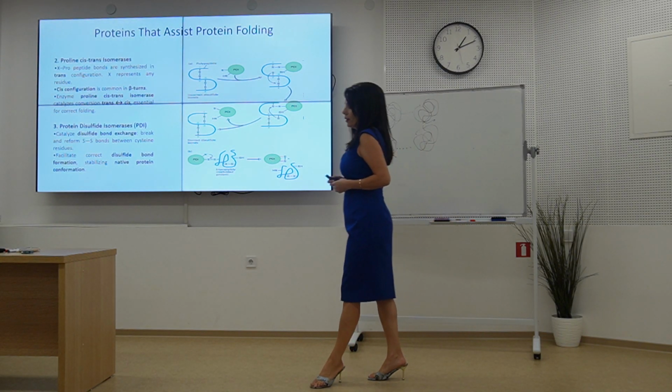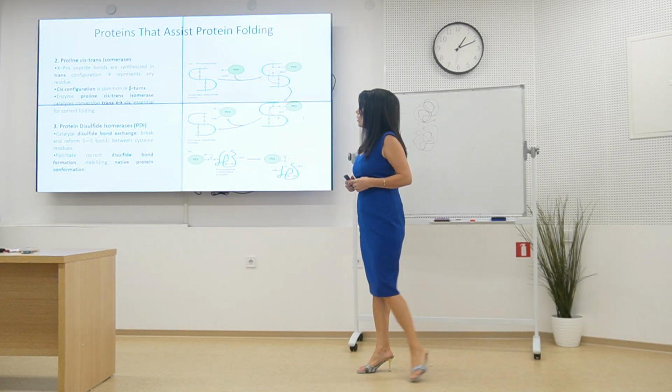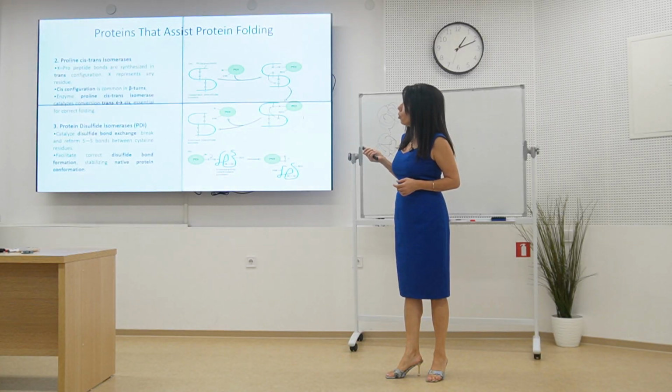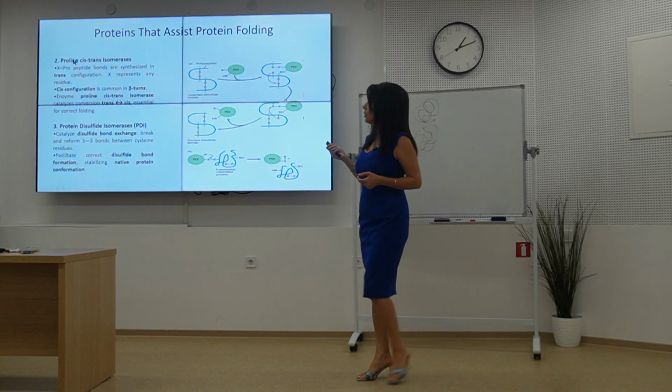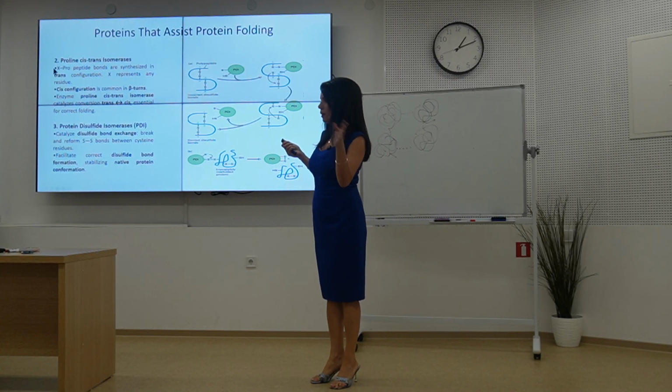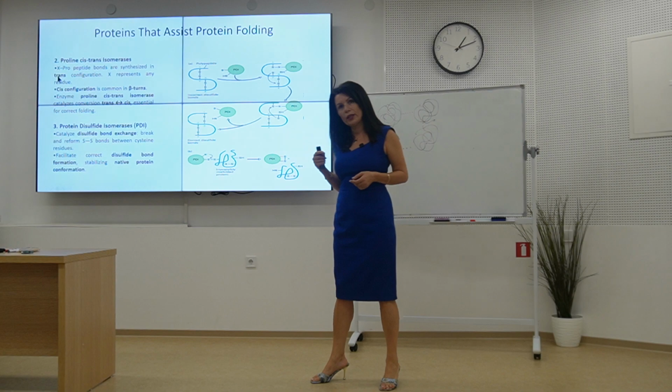The second mechanism or protein that helps the correct folding are enzymes called proline cis-trans isomerases. Actually, the bond between amino acid X and proline is in trans configuration.